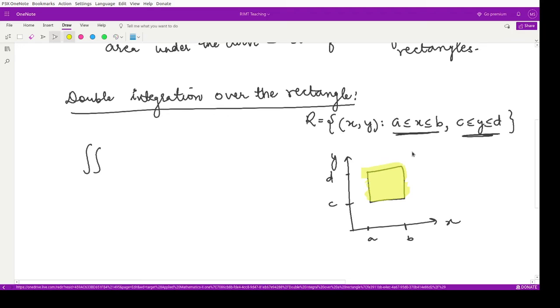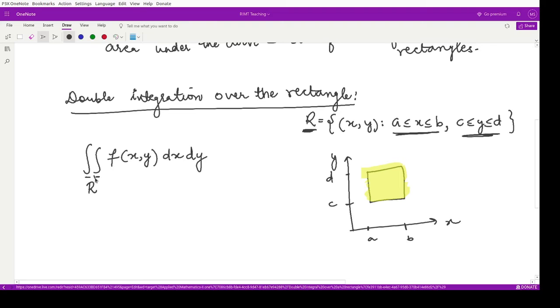Integration of some function. For the double integration we use two integration signs. So it would be the integration over R, that means over this rectangle R, of the function of two variables f(x, y), and in place of dx you will be writing dx and dy both, because in this case we are performing double integration.